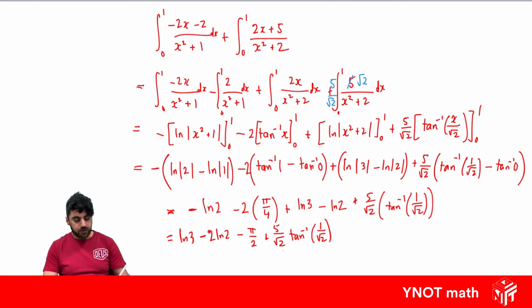So we know from our log laws we can bring that 2 up to the front and make that 2 squared. And then we've got ln 3 minus ln 4, which will give us ln of 3 over 4 minus pi on 2 plus 5 on root 2 inverse tan of 1 on root 2 as your final answer.